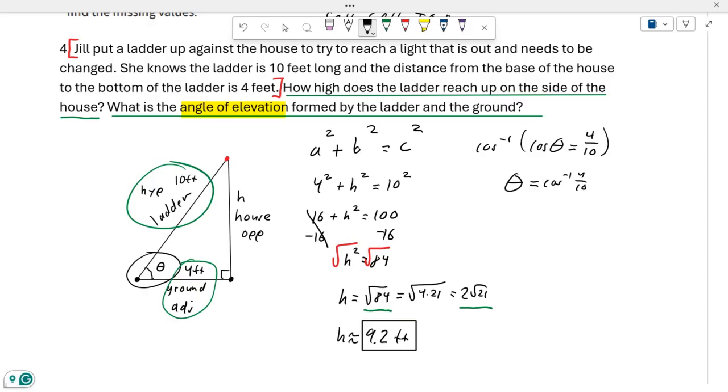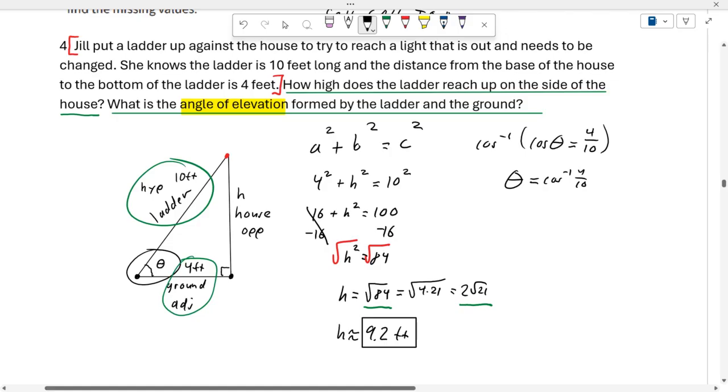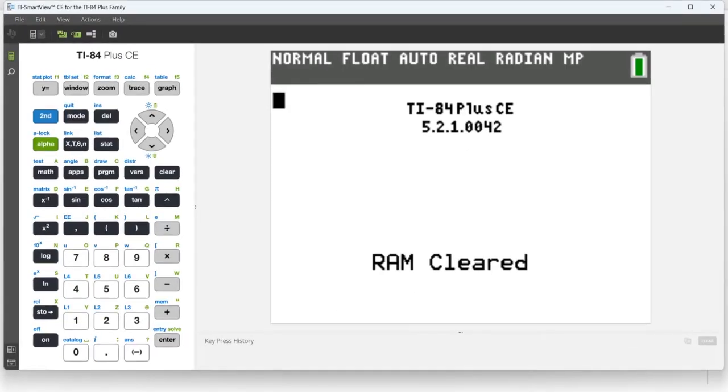But again, especially now, it really doesn't make sense to leave this as an exact answer. You really should go to your calculator and evaluate this. So I'm going to bring up mine. As I've said a couple times, if you do not reset your calculator and do not change the mode, and if you previously set your calculator in degree mode, it should still be in degree mode.